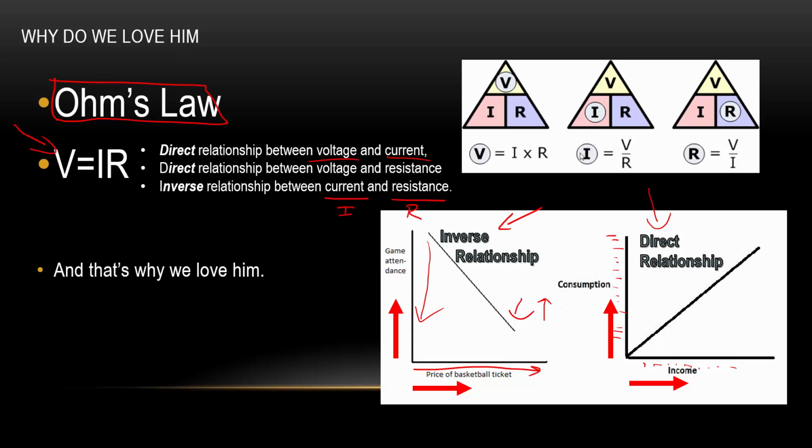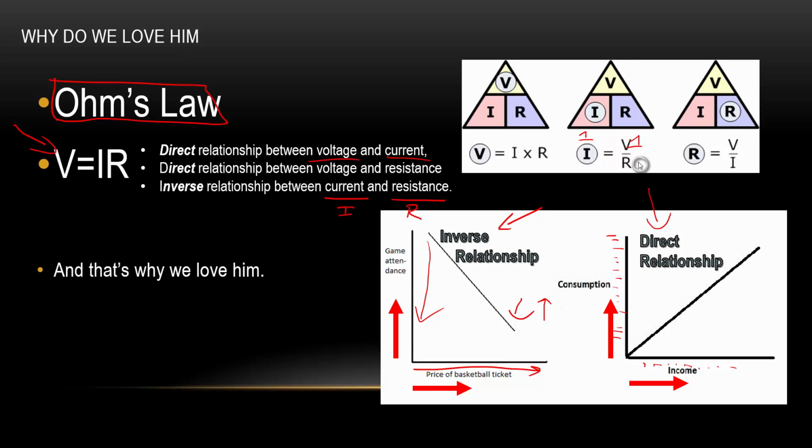If I am looking for current, I have to change up this formula a little bit, all right? I have to have voltage over resistance. So that means if I start with 1 on each, okay? I'm looking for I, and I have a 1 here and a 1 here. That means 1 divided by 1 is a 1, all right?